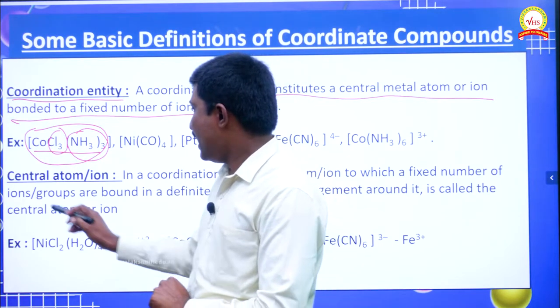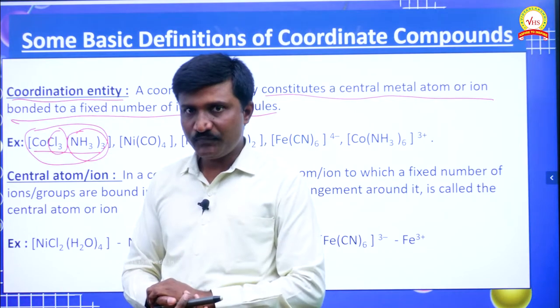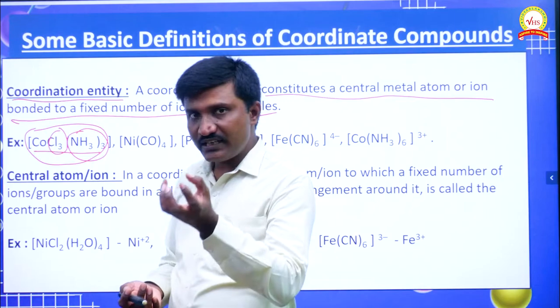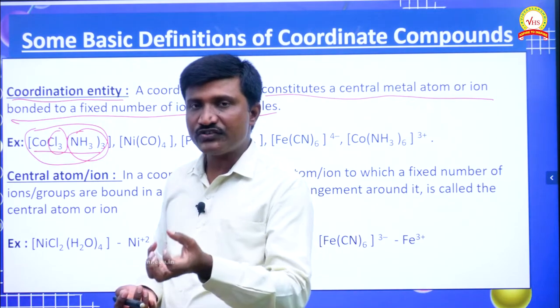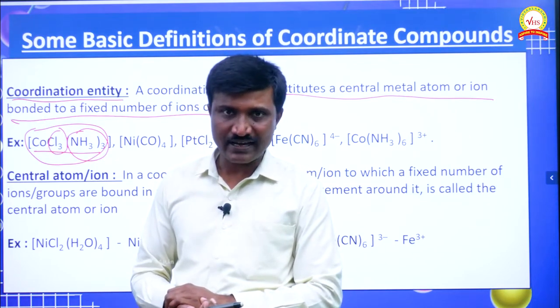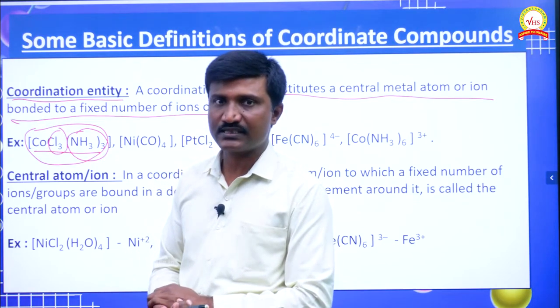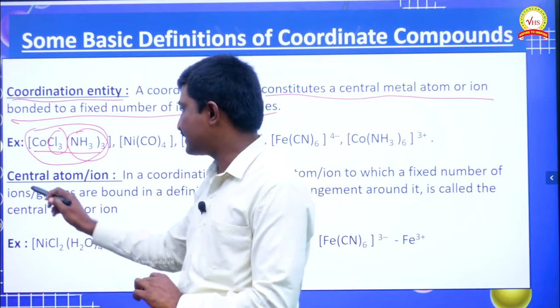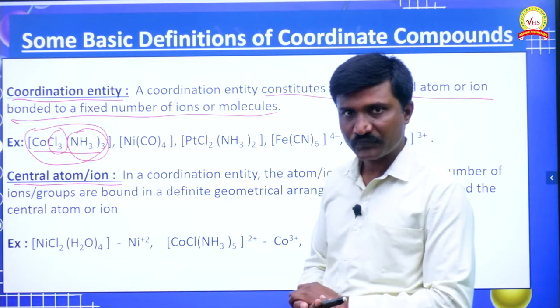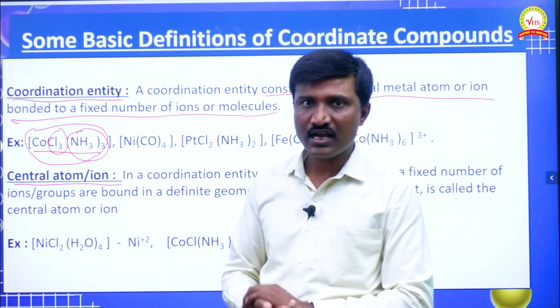Clear? Now, in that coordination entity, the one which takes the electron pairs and binds with the negative ions or neutral molecules, we call the central metal atom or ion.